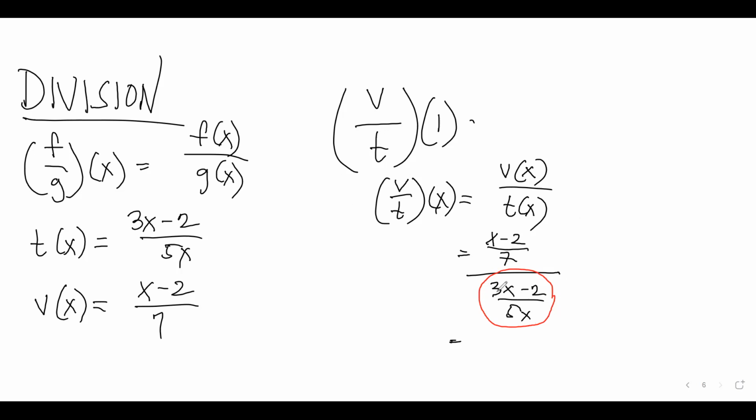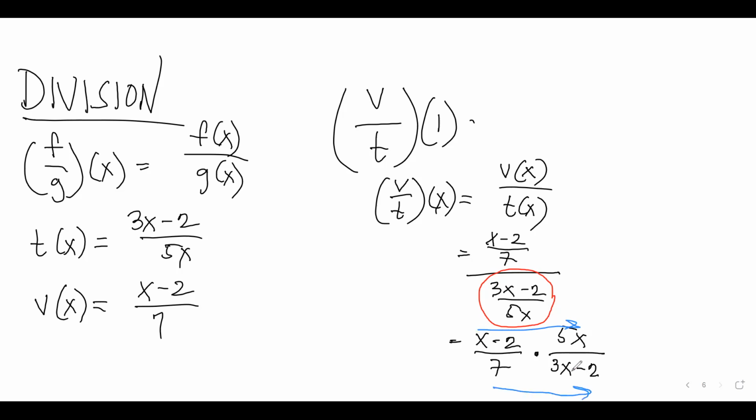Yung nahuling letter, yung denominator, i-reciprocal natin, and then ita-times natin sa taas. So, ibig sabihin, x minus 2 over 7 times 5x over 3x minus 2. Tapos, i-multiply lang natin ng dire-diretso. So, straight lang yan ang pag-multiply niyan.